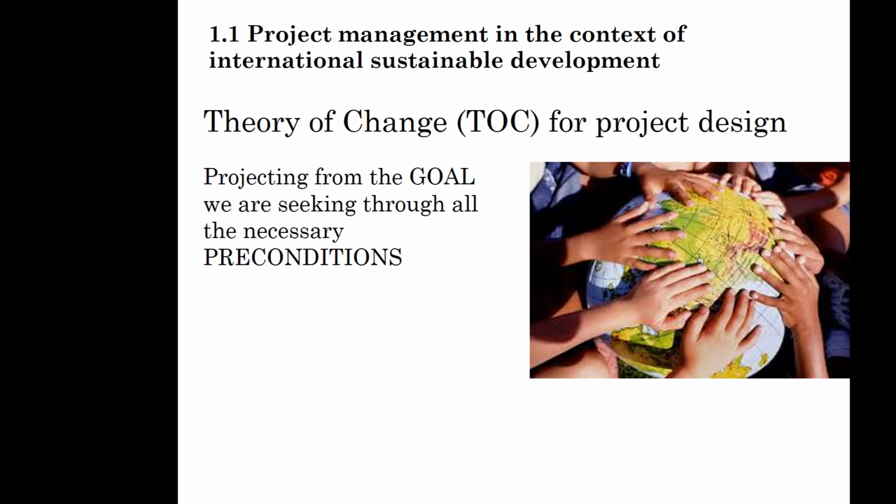It will be a much more complex approach that settles on a coherent and well-written narrative on how change is going to be brought about in this results chain of activities, outputs, outcomes, and impacts.